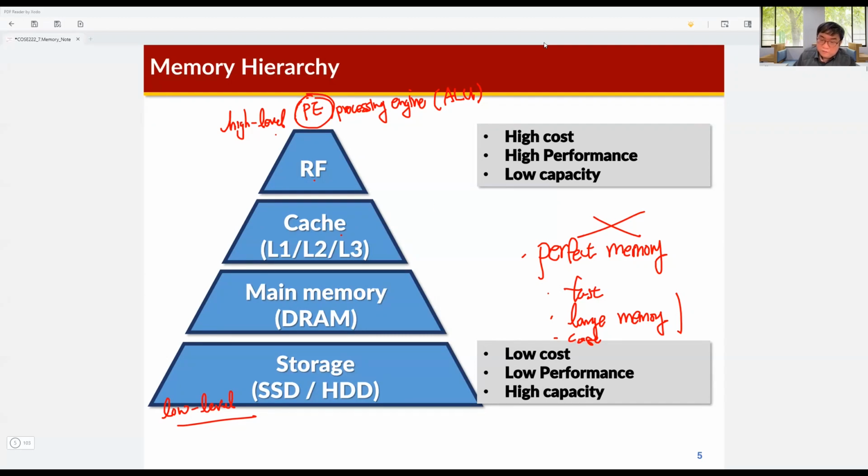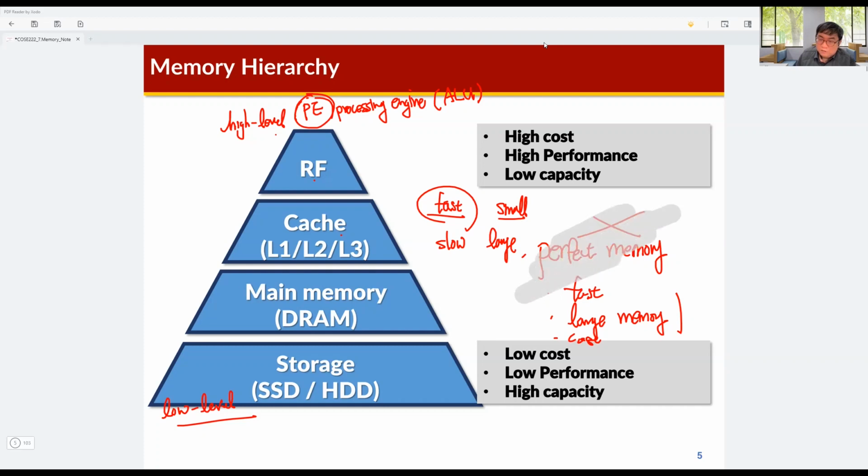If the memory is fast, that means high performance, then the density is small, so capacity is low. And if the memory is very slow, then we can enjoy the high capacity, so large memory.